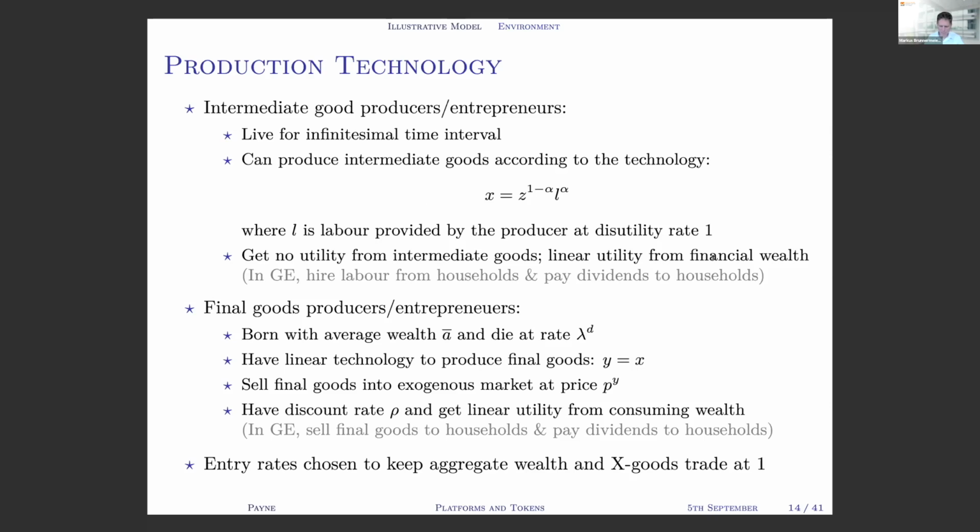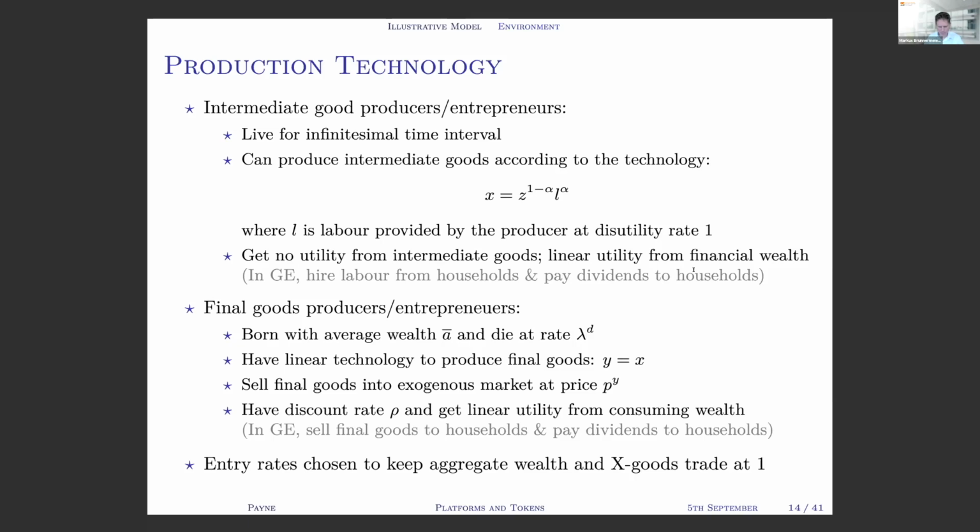And they get no utility from producing the intermediate goods. They need to trade them with the final goods firms for wealth, and then they get utility from wealth. Obviously, this is the partial equilibrium version of the GE model, where these intermediate goods firms would hire labor and then pay out dividends to households. So that's the intermediate goods side, right? So that's where the curvature is in production in this model. It's in the intermediate goods producers' production function.